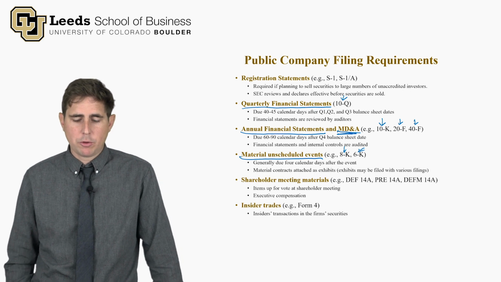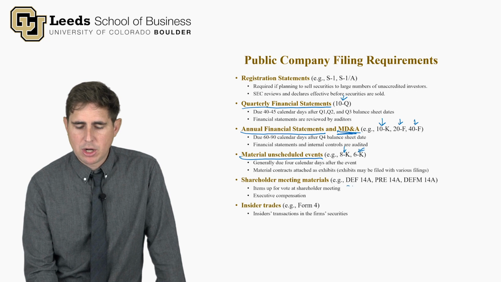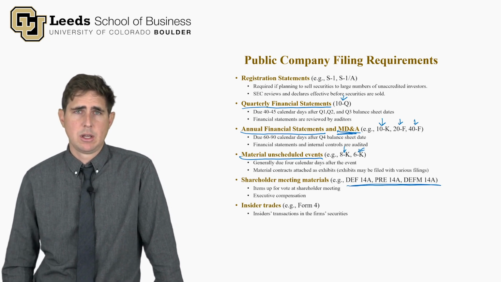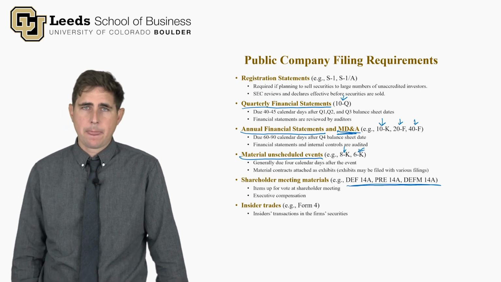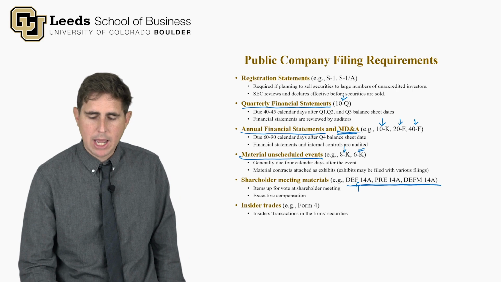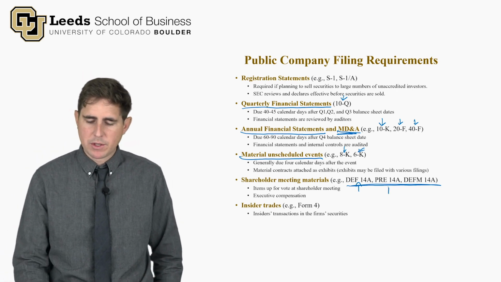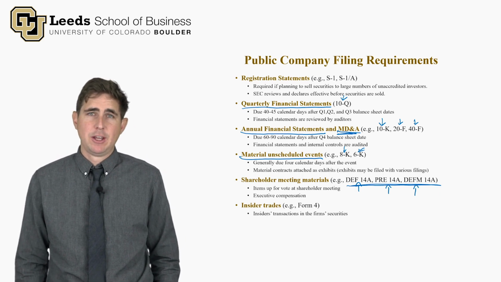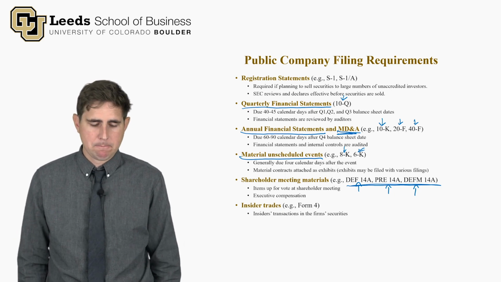And so shareholders vote on certain key matters, and information about those matters is disclosed in these shareholder meeting materials called proxy statements, and those are the form names. So DEF 14A is the typical one for an annual meeting, DEF 14A. Some of these other ones are having to do with mergers and situations where shareholders don't necessarily have a say, but they are still present for a meeting, okay?